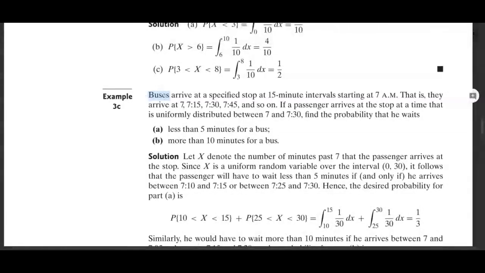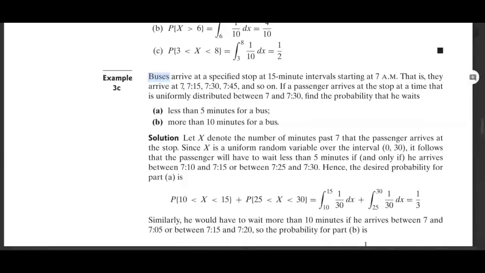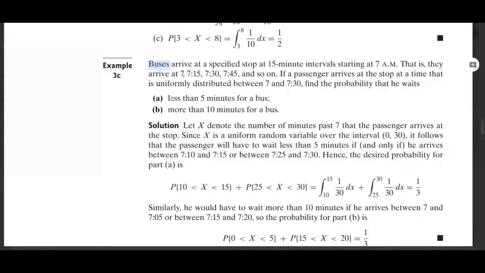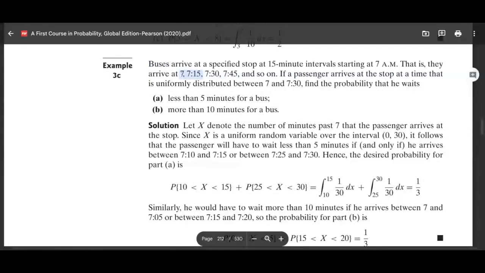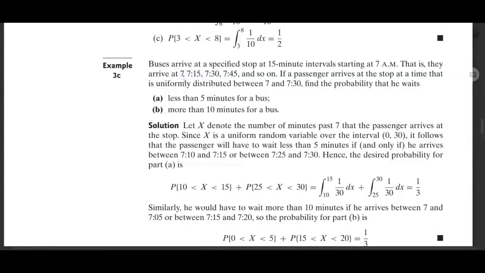Let's see this example. Buses arrive at a specified stop at 15-minute intervals starting at 7 a.m. This is similar to one of the questions Yongxin presented. They arrive at 7, 7:15, 7:30, 7:45, so every 15 minutes. If a passenger arrives at the stop at a time that's uniformly distributed between 7 and 7:30, find the probability that he waits less than 5 minutes, and more than 10 minutes.